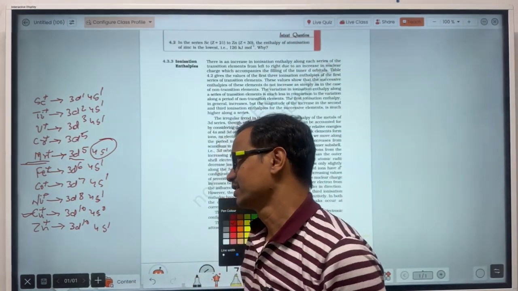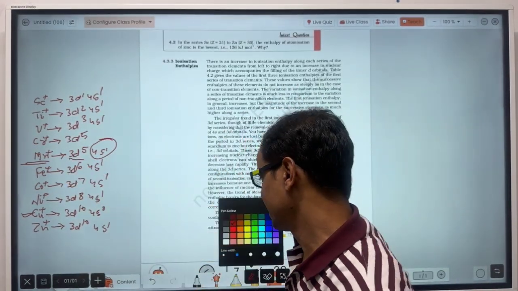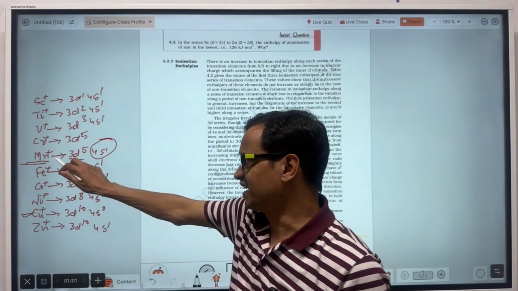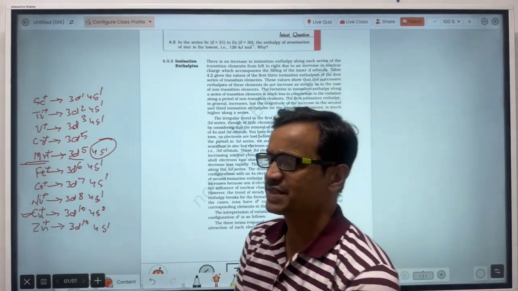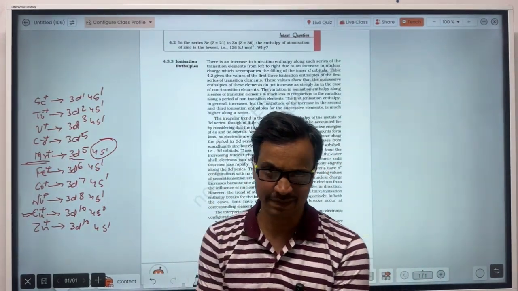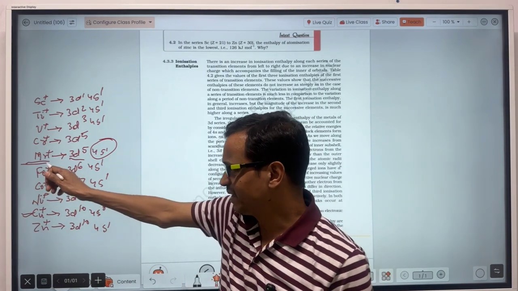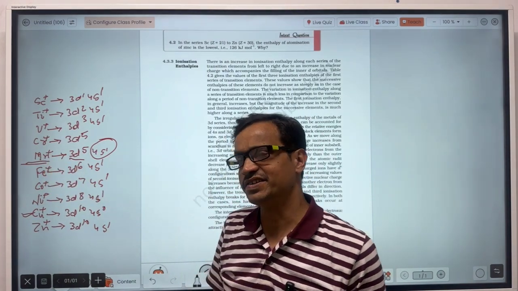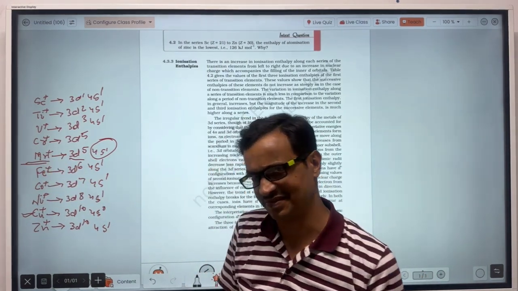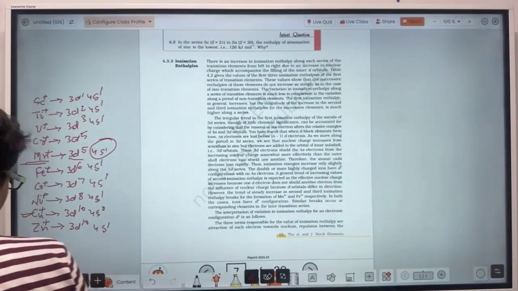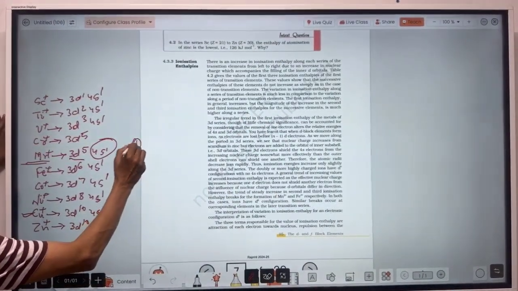That means if after releasing the electron the species formed will be stable, then this element will have a greater tendency to release that electron. Okay, so the first one is here.